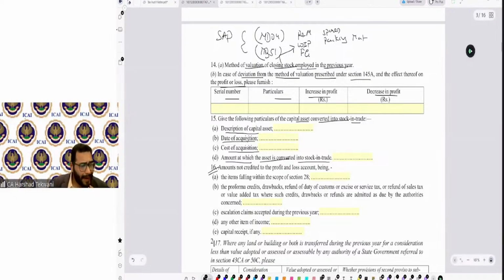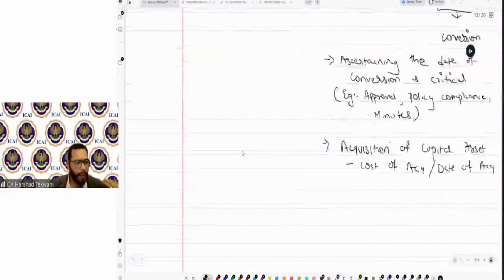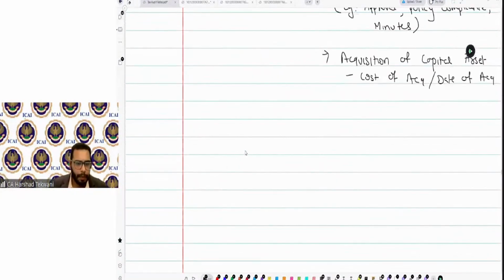Now we discussed clause 15. Let's go to clause 16. A very important clause and a very common clause, because whenever you go for reporting under Form 3CD, you will definitely find something to report in this particular clause. That's why I say it is a very common clause.